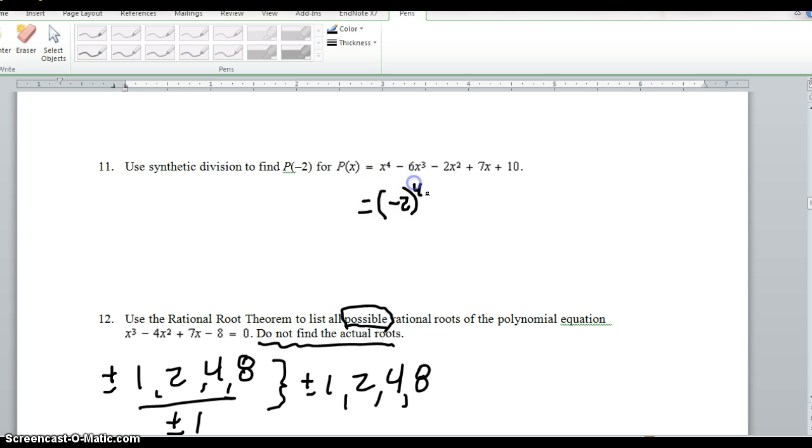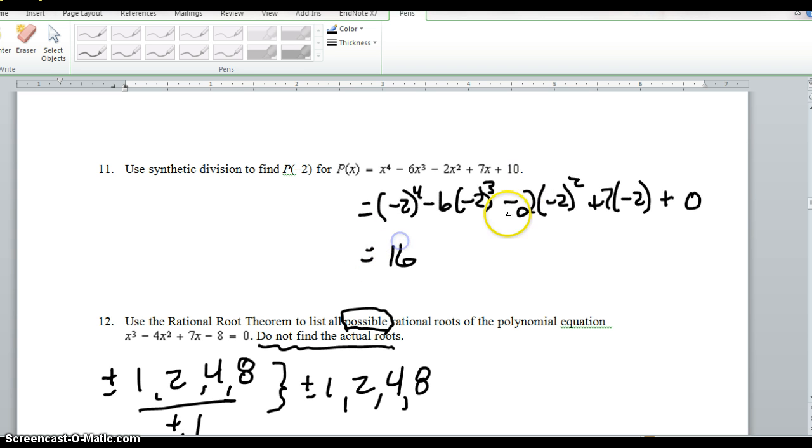-2 to the fourth, minus 6 times -2 to the third, minus 2 times -2 squared, plus 7 times -2, plus 10. So let's see if we can simplify this. This is going to be positive 16.